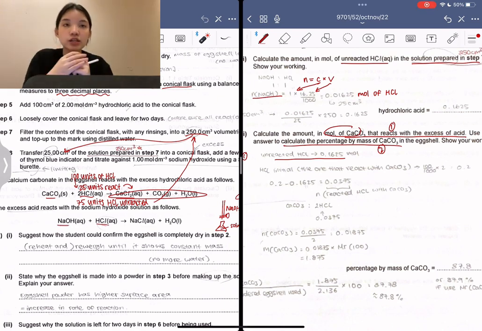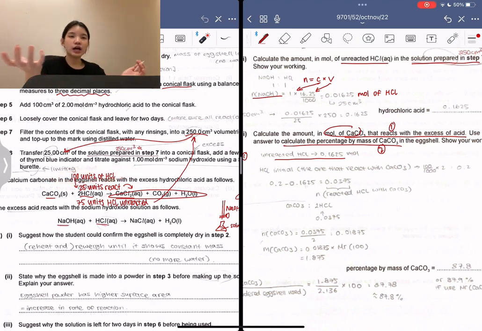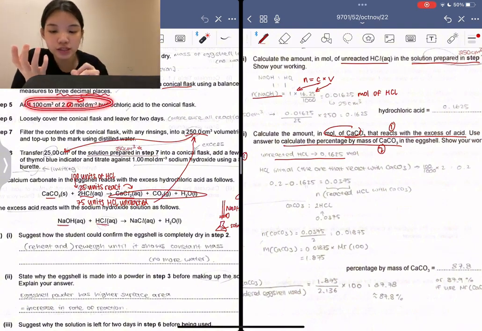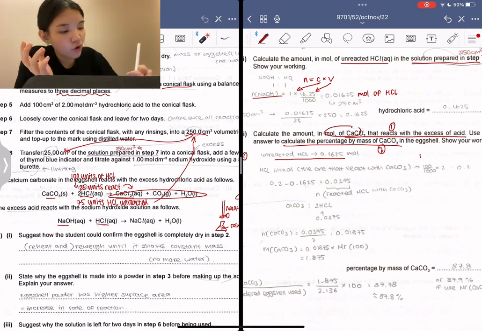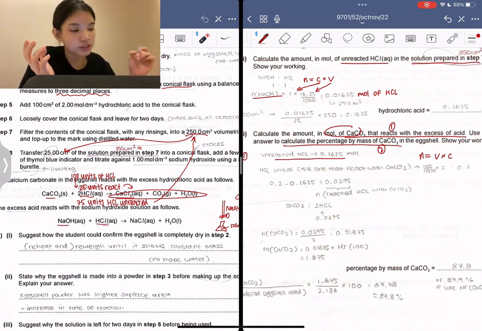Then we can find how much HCl was initially added. In the context that I used just now, you add 100 units of HCl to the CaCO3. The 100 units has a mole of 100 cm3 times 2 mole per dm3 HCl. Because n is equal to volume times concentration, you just do 100 cm3 divided by 1000 to make it dm3, times the concentration of 2, which is equal to 0.2 moles of HCl initially.